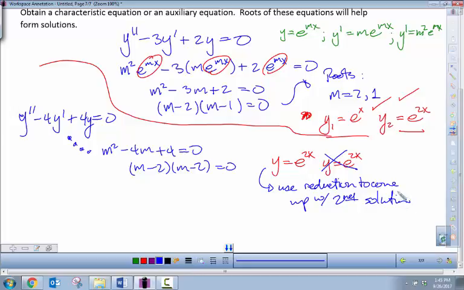So we use the reduction technique that we just did. This is the reason why we went through that first one first, when this is so much easier. That's what we want. We want a happy Alan.